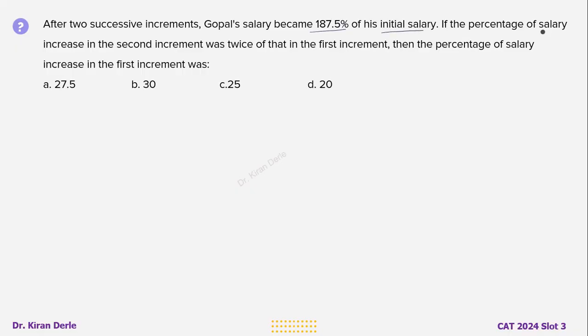If the percentage of salary increase in the second increment was twice that in the first increment, then the percentage of salary increase in the first increment was, okay, so if the initial salary of Gopal is 100x, it will become 187.5x, right, after 2 successive increments. So if the first increment is x%, the second increment will be 2x%. This is what is given to us.